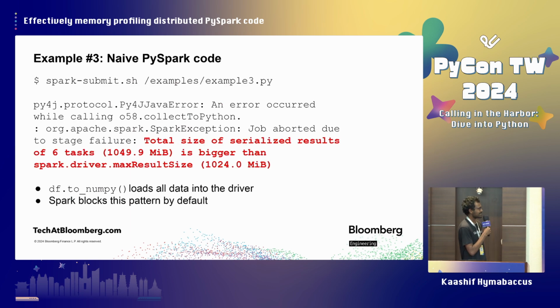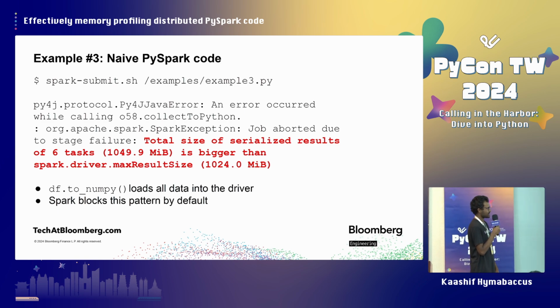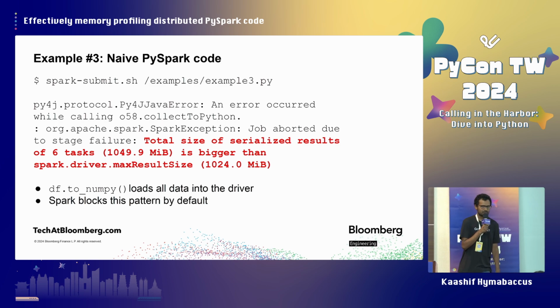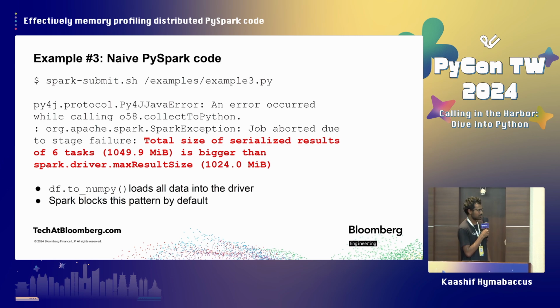Oh, it didn't work. We have to use a different submitter script because we have to submit to a Spark cluster. But what happens is quite weird. If you haven't written PySpark code before, this error may seem a bit weird, but let's break it down. The first thing you'll notice is that the exception comes from Py4J, which is the library that PySpark uses to bind Python calls to Java.